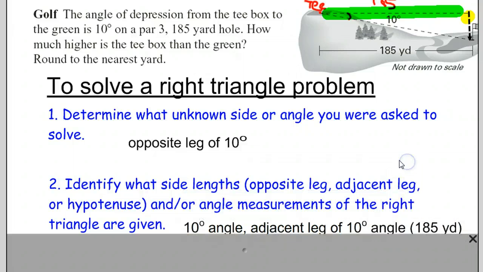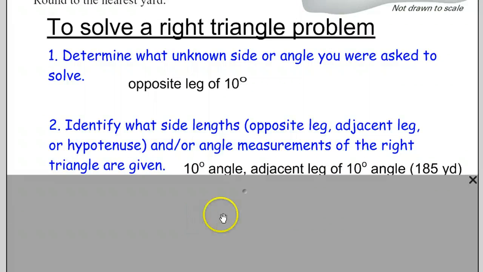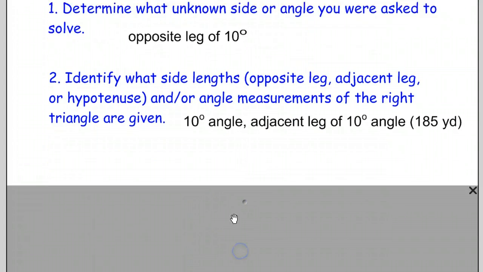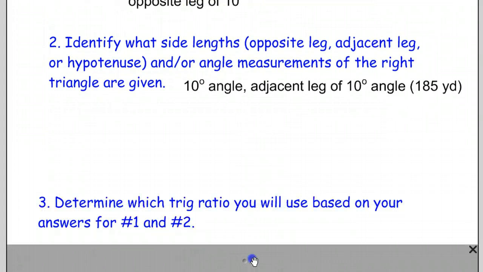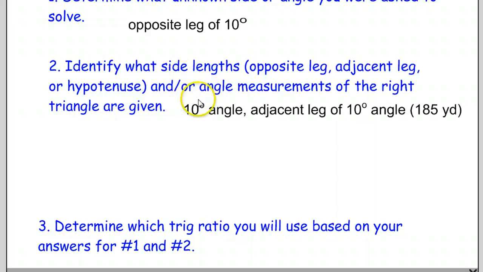Now that we've done that, the next step is to determine which trig ratio I'll use based on my answers from steps 1 and 2. I'm given the 10-degree angle and the adjacent leg, and I'm trying to find the opposite leg. Which trig ratio involves the opposite and adjacent legs of an angle?